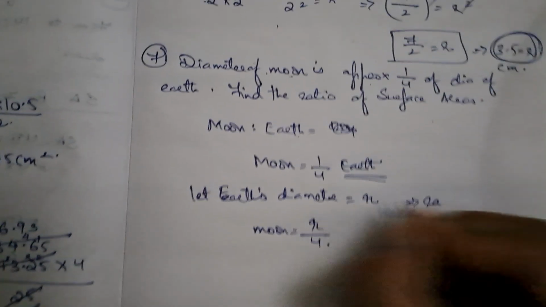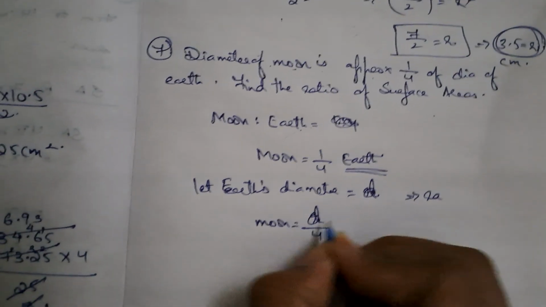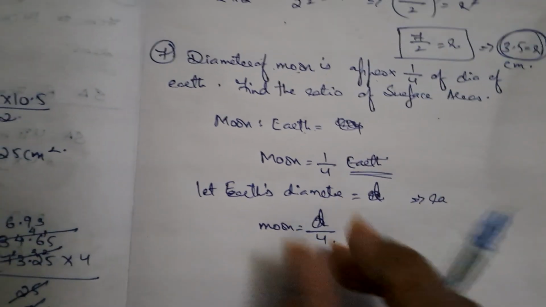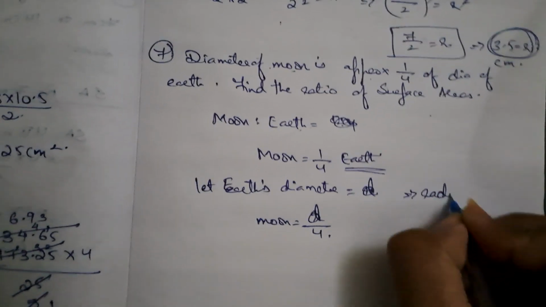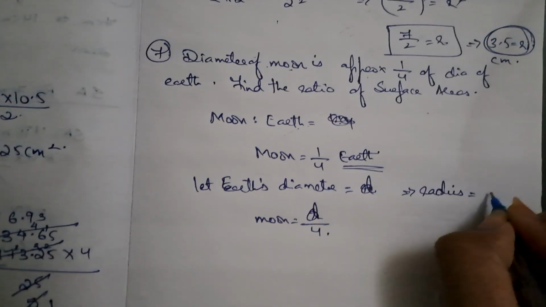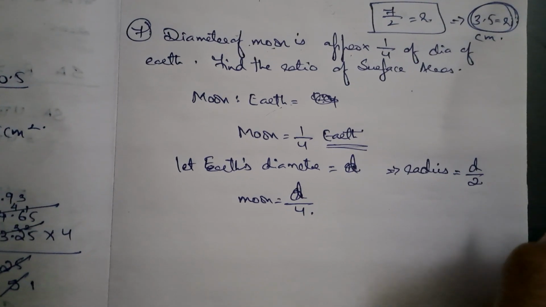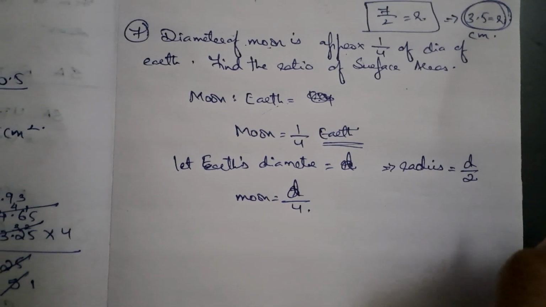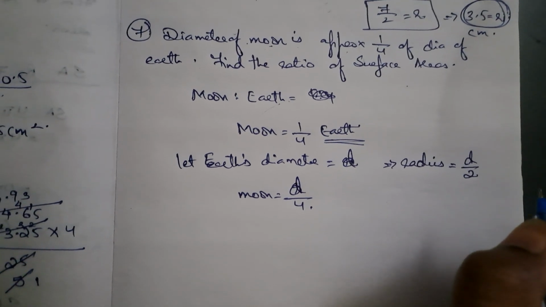Then the radius is going to be, sorry, this is the diameter. So we're going to take it as d itself. The radius, let it be d by 2 in here. I am getting confused in here.